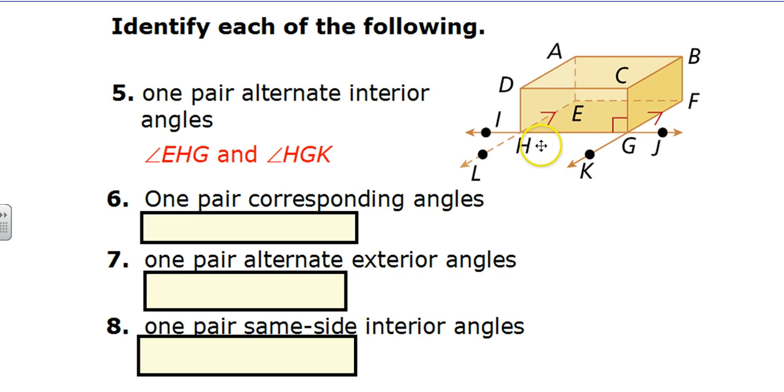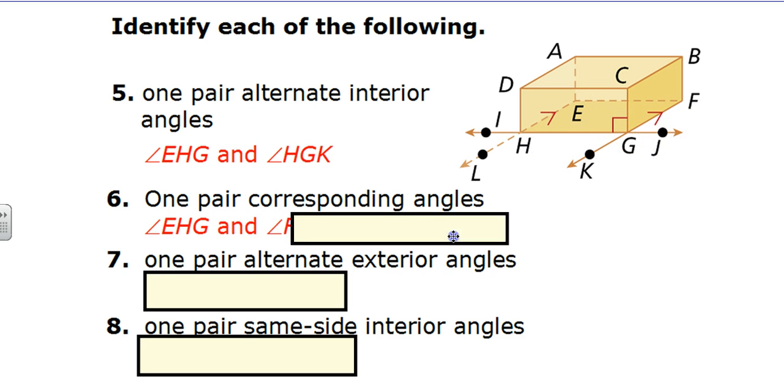HGK, which means that this line, IJ, is the transversal. One pair of corresponding angles, you got a lot of choices, but if we start with EHG, corresponding to that, we could name FGJ. Let's see what they say. They say FGJ. So again, this is the transversal here, IJ.